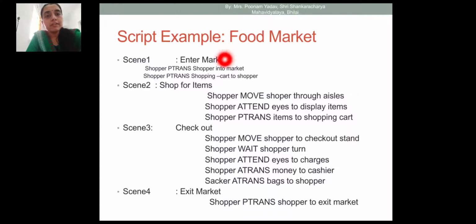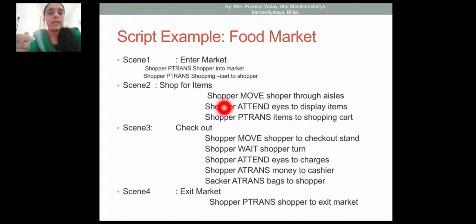Scene 1, entry to the market. First we enter the market, we look for the shopping cart, and then we search for the items we need to buy. After taking the items into the shopping cart, we go for the payment.